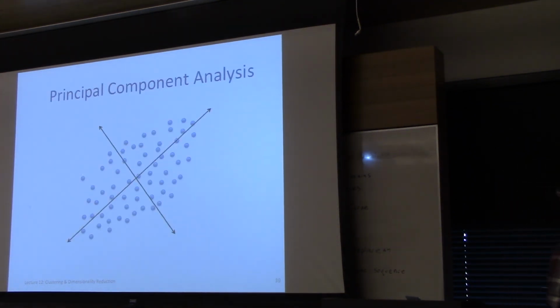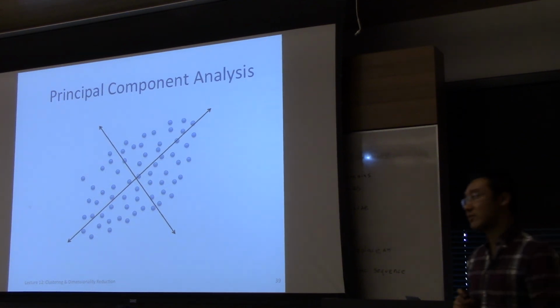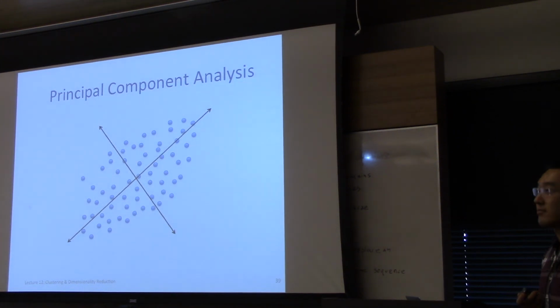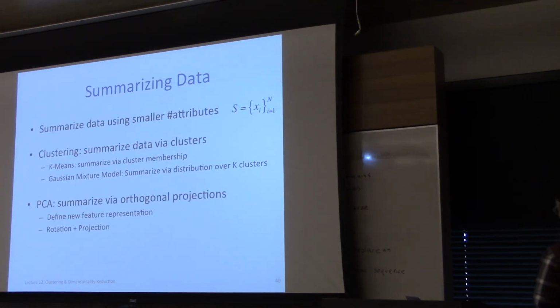For example, if I wanted to summarize this data set using a single feature, I would ask where each data point projects along this line. That's the single feature I would use, because it would preserve most of the variability of this data set. I'll make this formal in the next few slides.